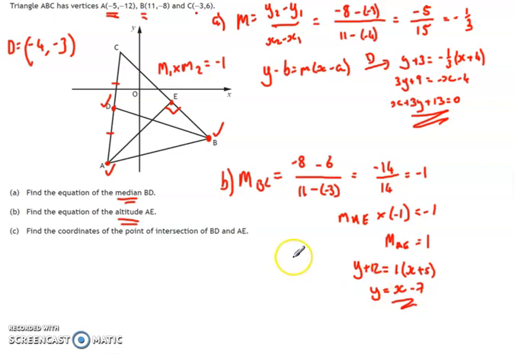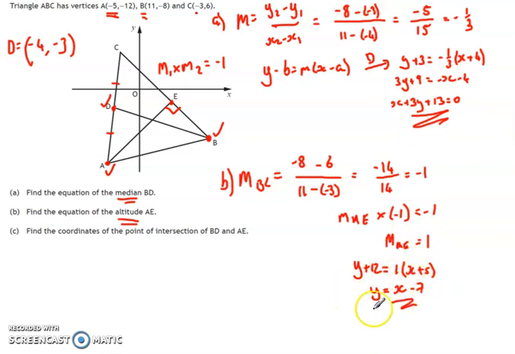Last thing I want is the coordinates of the point of intersection of these two lines. Now remember, point of intersection is that unique point where the two lines are equivalent to one another. There's a couple of ways we can do this. We could rearrange this to be something equal to 0, set the two lines equal to each other, and then use simultaneous equations to solve.